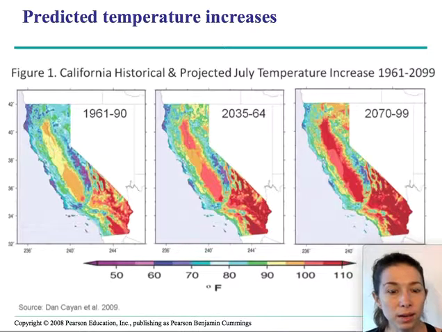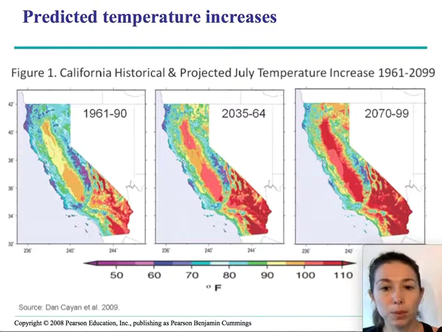On the left is a map of the temperature in the past, and they're using this heat map that shows you cooler temperatures in purple, somewhere in the comfortable zone is about blue or green, and then when temperatures get very warm, they turn into these red colors. So over the past, about 30 to 60 years ago, here was a distribution of what the temperature was like in July. In 10 or 20 years, it's going to look like this.